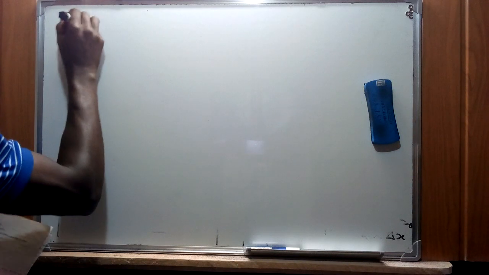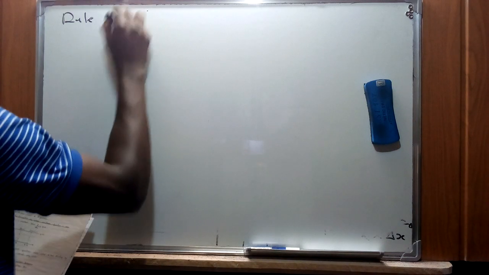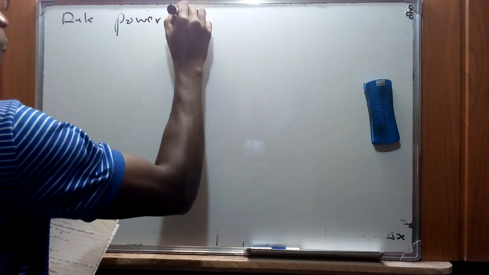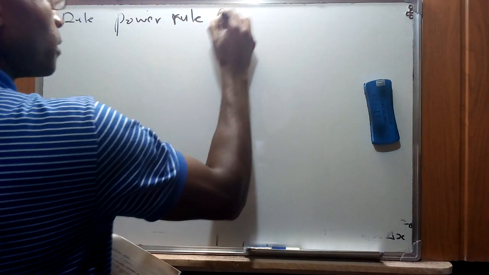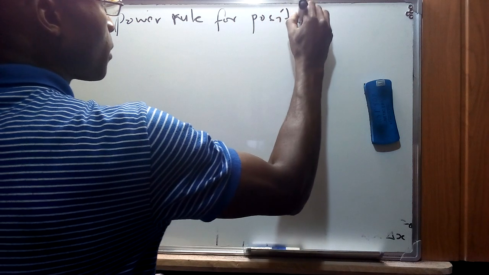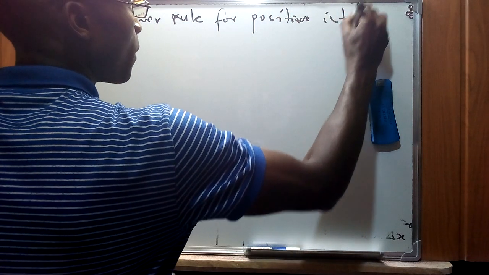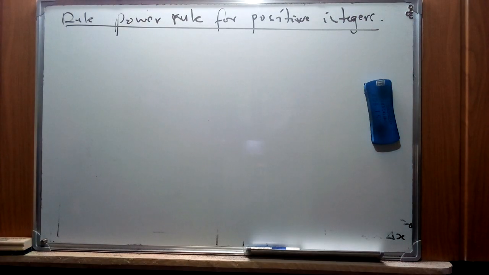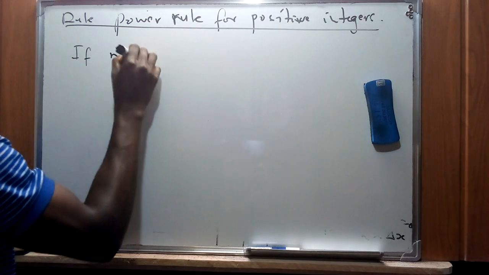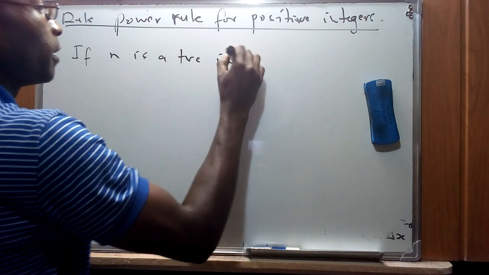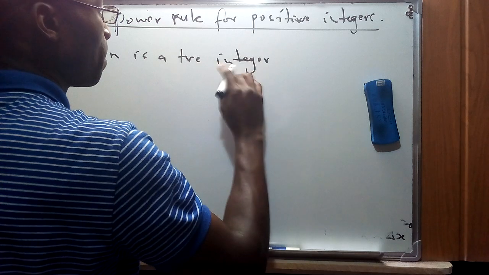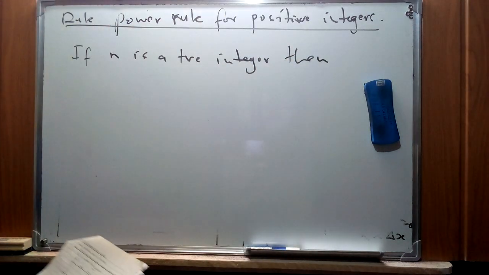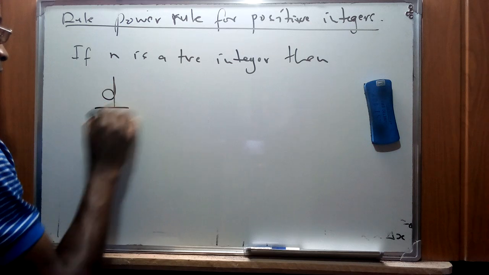So number 2, we have what we call the power rule. This is the power rule for positive integers. I hope we talked about the concept of numbers in one of our videos, so we can check over what integers, rational numbers, etc. are. So if n is a positive integer, then we can represent its derivative as d over dx.